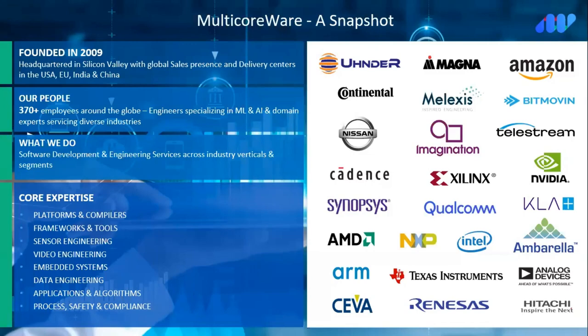Multicoreware's primary focus is on software development and engineering services across different industry verticals and segments. Our core expertise can be classified into these 7 to 8 categories that you see on the slide, starting with platforms and compilers, frameworks and tools, sensor and video engineering, embedded systems, data engineering, applications and algorithms, process, safety and compliance. On the right side, you see some of our customer logos.